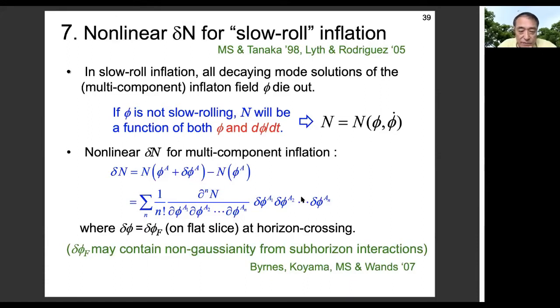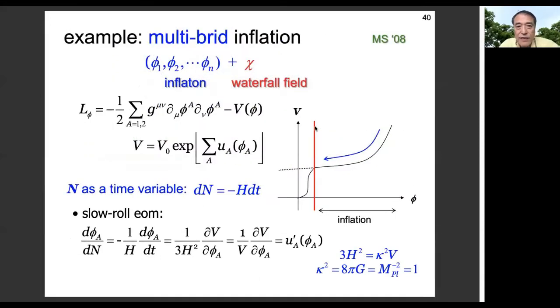It may have some non-trivial non-Gaussianity, a non-trivial 3-point function, 4-point function, but the delta N formula is essentially independent of the statistical nature of the delta phi. It just gives you these expressions. This is a very simple, pedagogical example of how to use the delta N formalism for a multi-component scalar field.